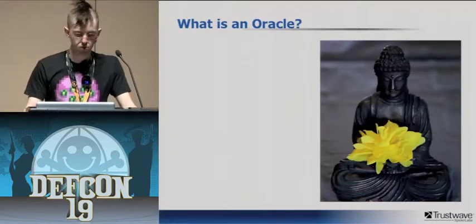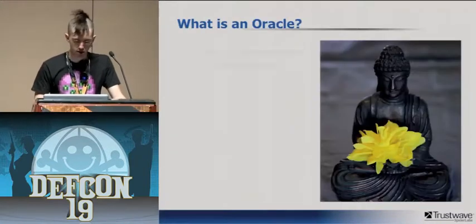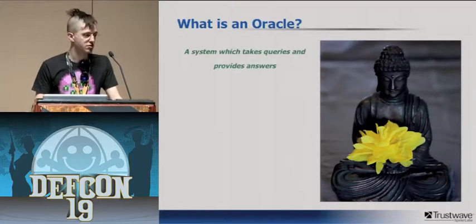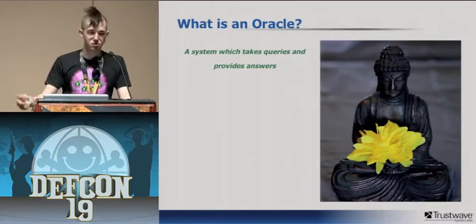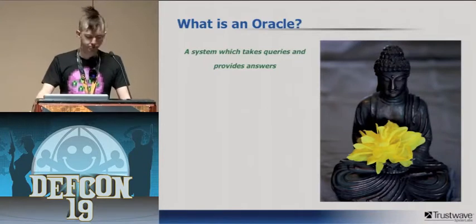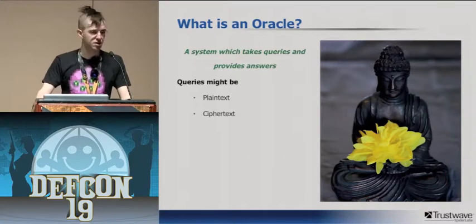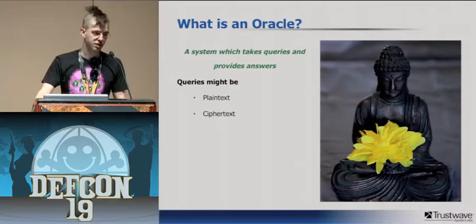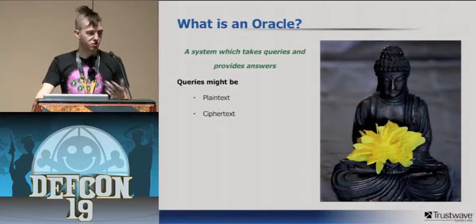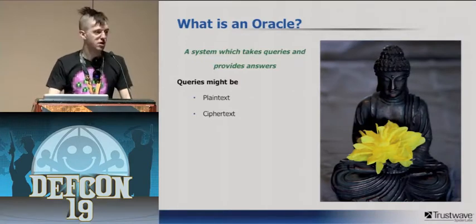So I've said the word Oracle several times, and now I'm going to give you a vague and generalized definition and then clarify a little bit. An Oracle is any system that takes in user input, processes it, and gives the output. When we're talking about that in the sense of cryptography, we're talking about taking in plain text or ciphertext and then usually encrypting or decrypting and leaking something about that operation.